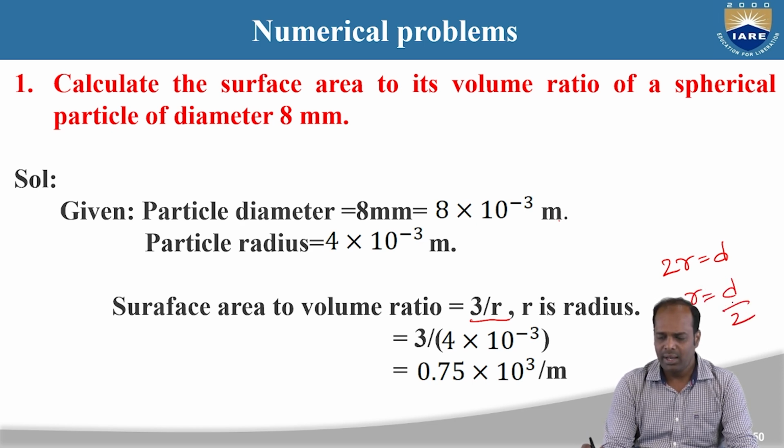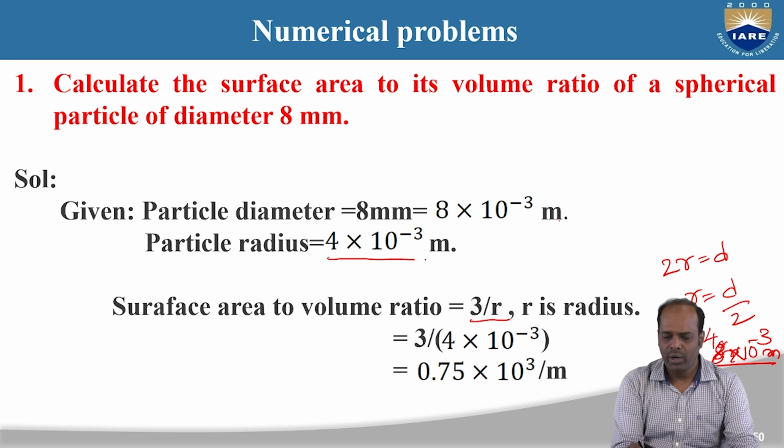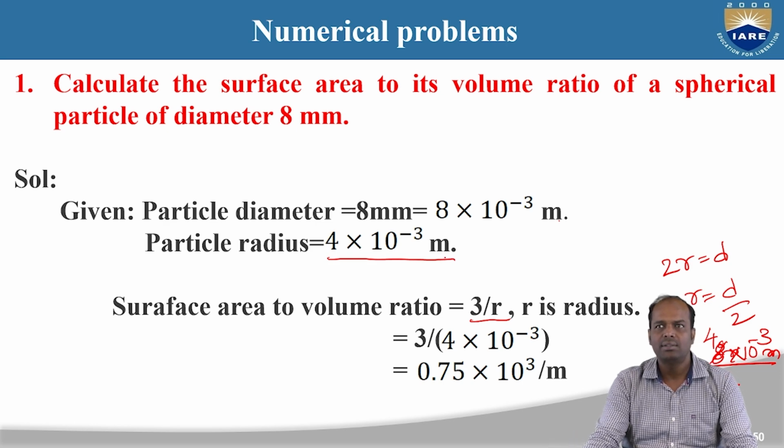So the diameter they have given is 8 mm. 8 into 10 to the power of minus 3 meters divided by 2. 2 fours are 8, so we get 4 into 10 to the power of minus 3 meters.